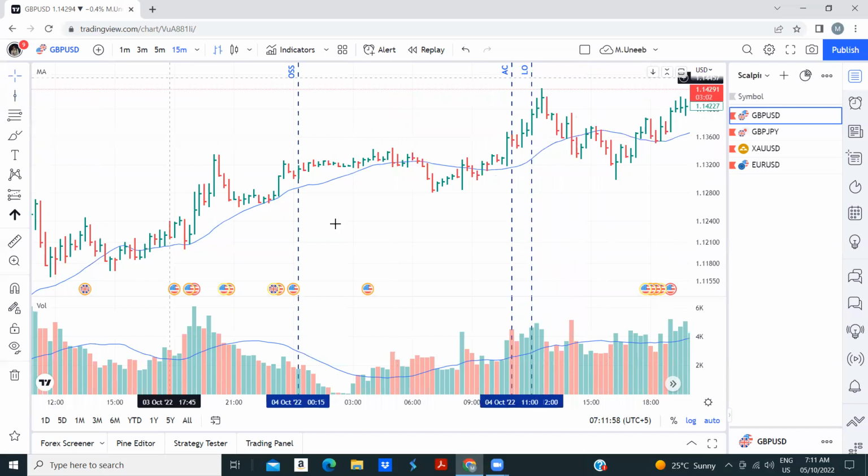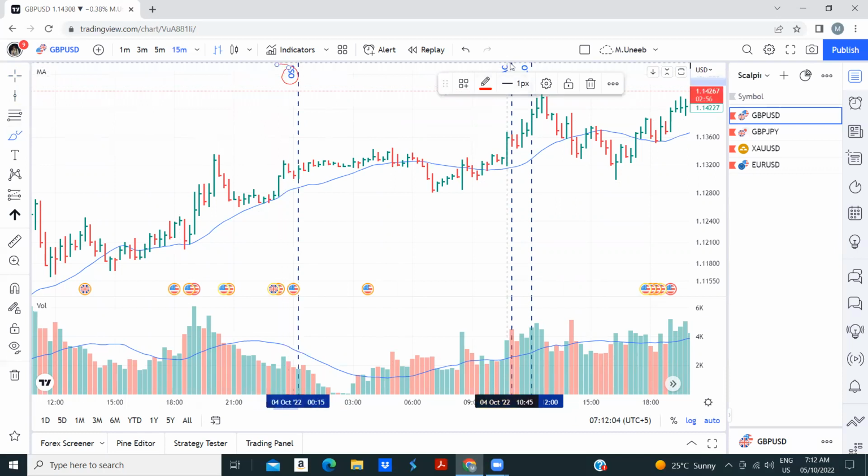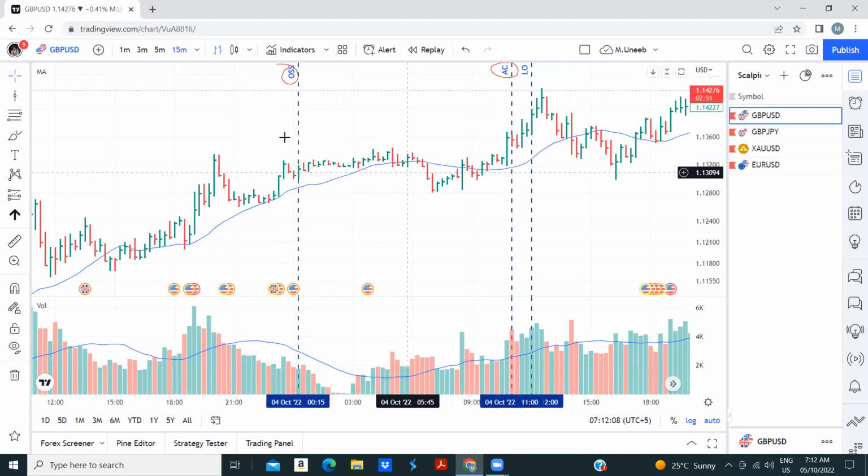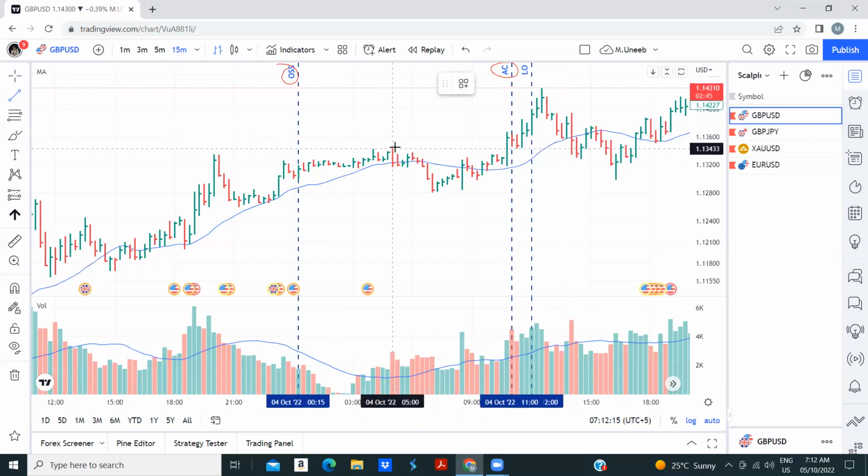Now between OSS and Asian close, I have to find the highest swing point, the highest swing high. The highest swing high is this one, between OSS and AC.